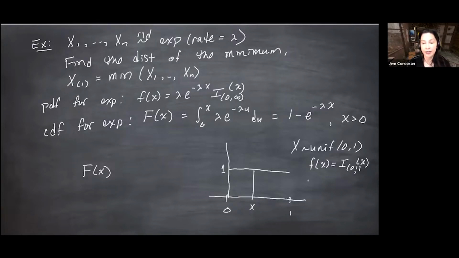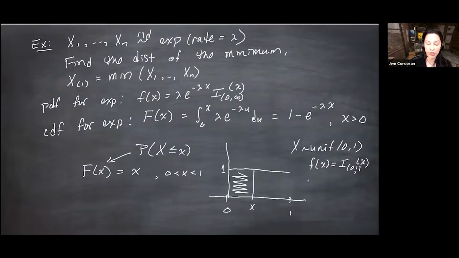And that total area is given by this area, which is X times 1. So the CDF is just X, as long as little x is between 0 and 1. And so this is the probability that the uniform is less than or equal to X. And the uniform in this case will not be less than or equal to -2 because it's definitely between 0 and 1. So you're going to get 0 if X is less than 0. And the thing is that when you get above 1, it's not just 0 everywhere else. It's actually 1 for X above 1.